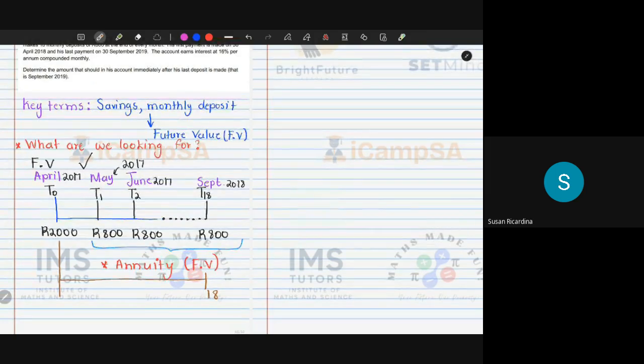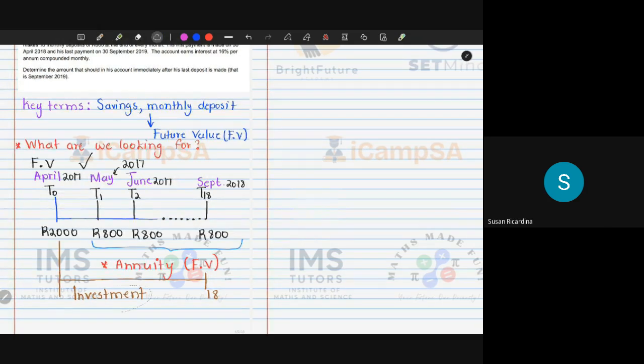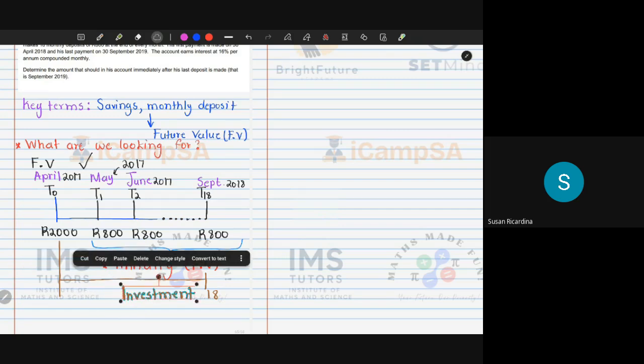It has nothing to do with the 800. The 2,000 is aging like wine. So it is gaining interest while sitting in the bank, and the other amount is gaining interest as an annuity.